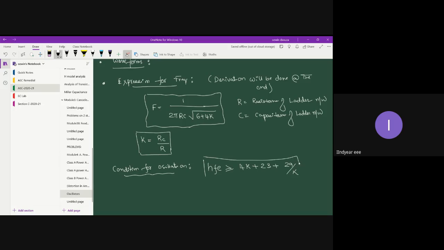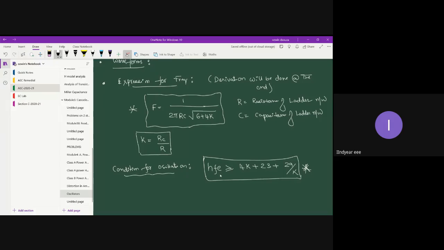For problems you need to learn this by heart. But there is a derivation. The frequency expression can be derived, as well as this condition. I will do the derivation in the end.